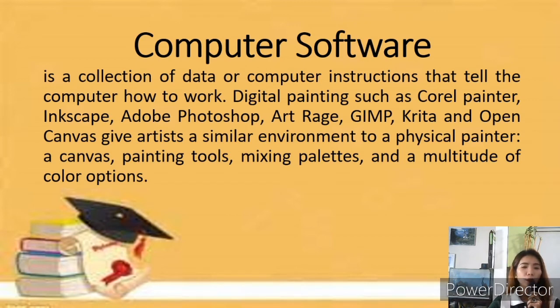So, comparatively, yung hardware, nakikita sila at nahahawakan, while software, hindi sila. Hindi sila nahahawakan, nor can we touch them or feel them. So, digital painting programs such as Corel Painter, Inkscape, Adobe Photoshop, ArtRage, GIMP, Krita, and Open Canvas give artists a similar environment to a physical painter: a canvas, painting tools, mixing palettes, and a multitude of color options.